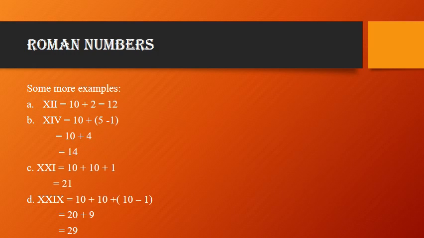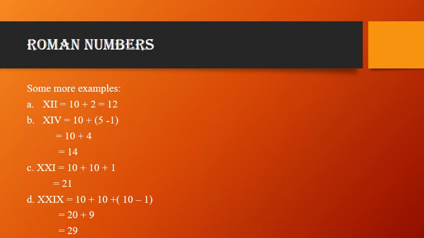Now moving on to the next one, XIV. Children, listen and look carefully. Here if you will see on your screen, X, I and V. I have written the value of X, 10, as it is, plus 5 minus 1. Why have I done 5 minus 1, children?